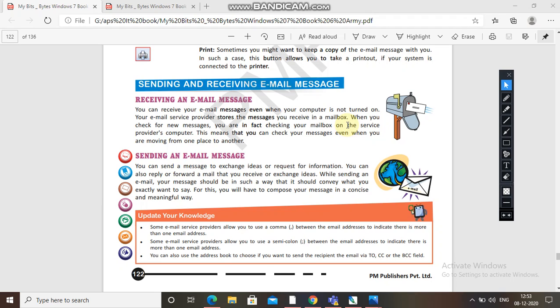While sending an email message, your message should convey exactly what you want to say. Remember this. Don't make a letter or a message so big and hodgepodge. Keep it a simple message that a reader can understand in simple words.